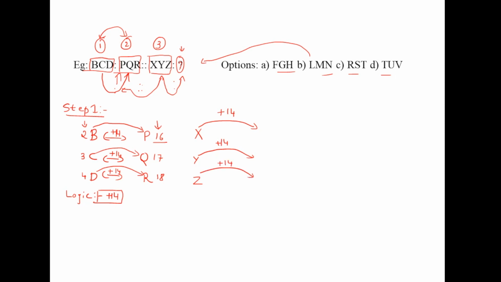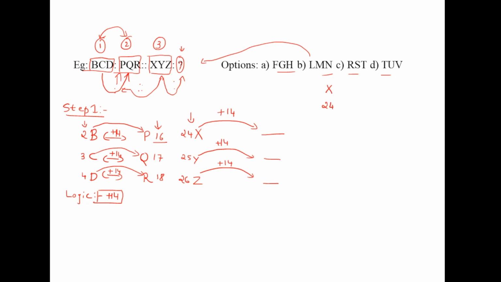On the left side, write the positions: X is 24, Y is 25 and Z is 26. Similarly, I want to count 24 plus something to get the letter asked. How do I find the 14th letter after X? First write down the position of X, that is 24.